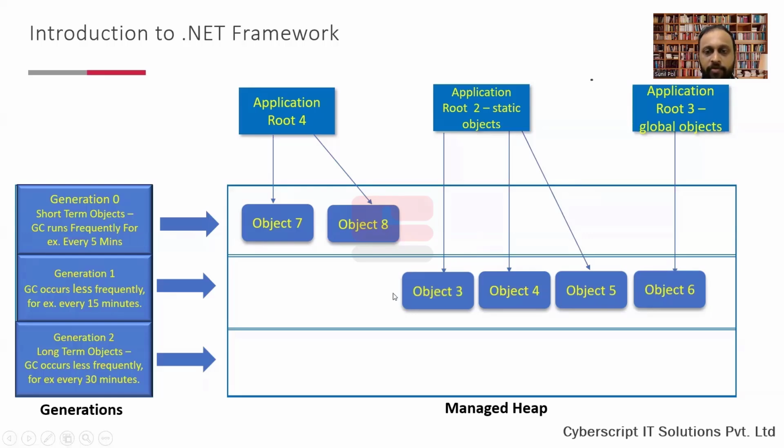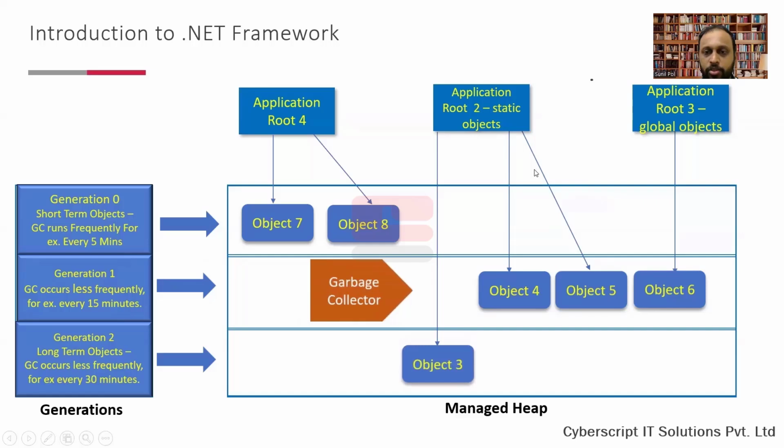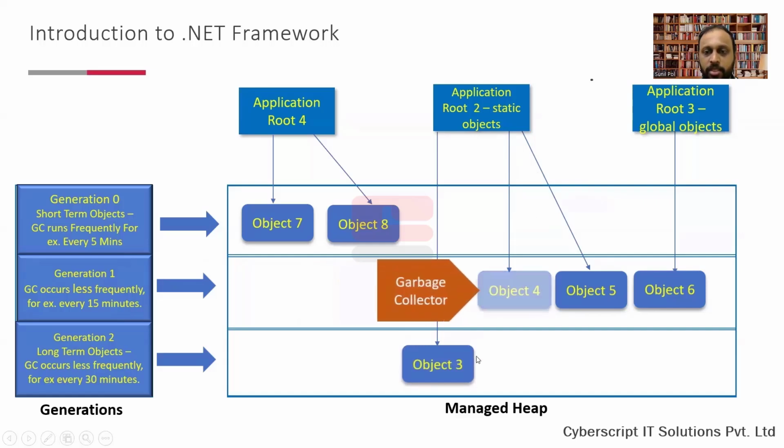If, over multiple visits, the garbage collector finds that objects 3, 4, 5 and 6 have survived or are still referred to by application roots, these objects need to be shifted to generation 2. So those objects are shifted to generation 2.